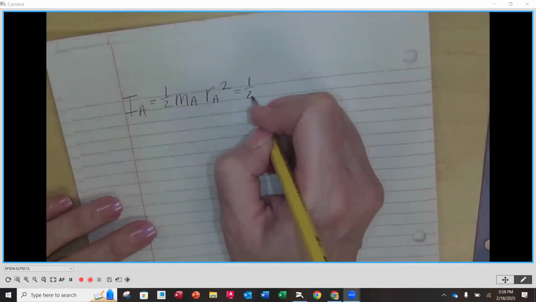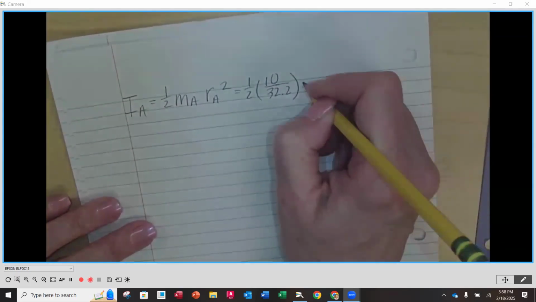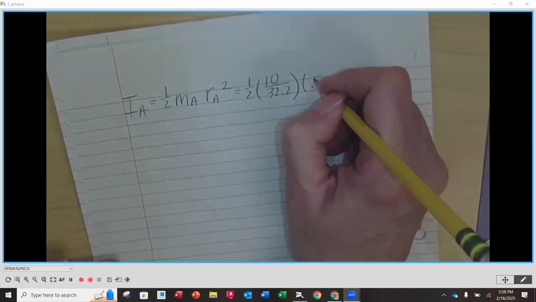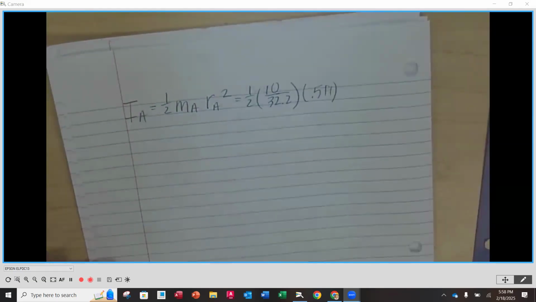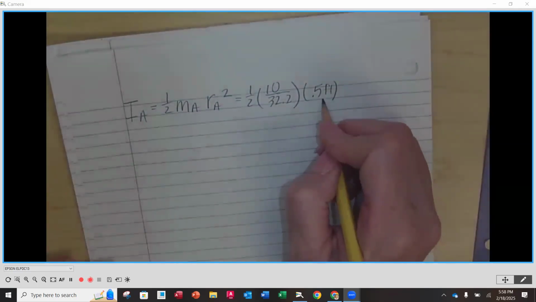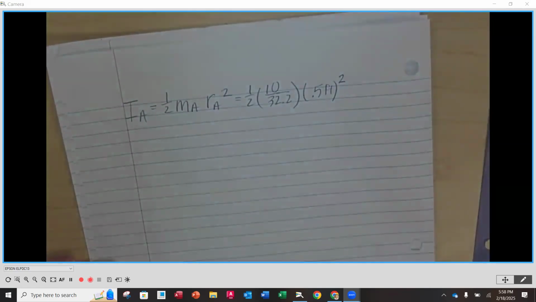This is going to be 1/2 times 10 divided by 32.2 times, now don't forget, 0.5 feet. I'm just going to put feet in here so that you don't put the 6 inches in there. Otherwise, things won't come out. Everything has to be in feet for our lengths, and that's going to be a quantity squared.